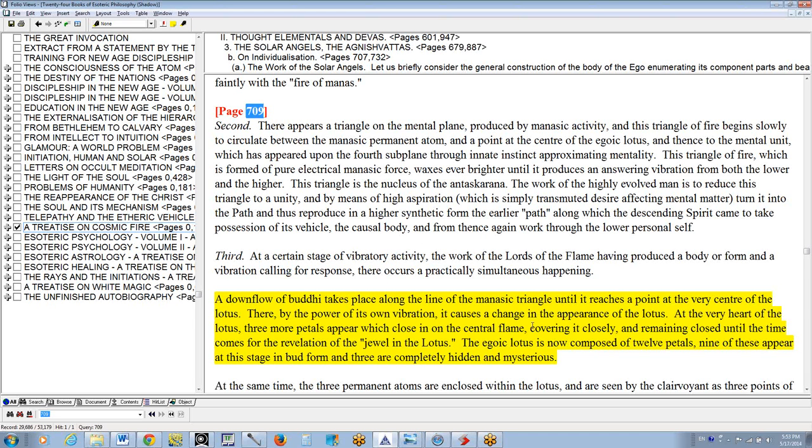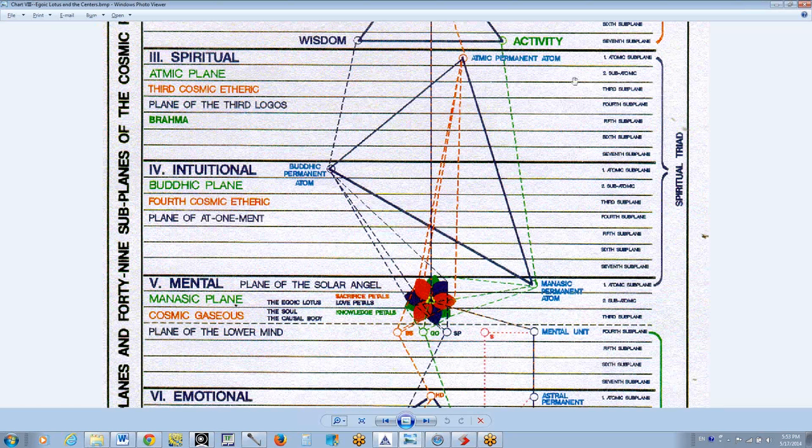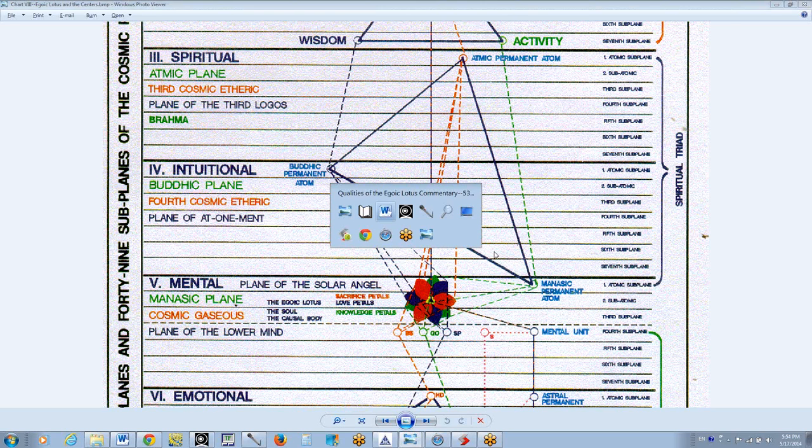And notice that the downflow of Buddhi occurs along the line of the monadic triangle, which I suppose occurs here, because there is a monadic connection here with the lotus. Not all lines are drawn, but it's not straight from the Buddhic plane. It goes from Buddhi through Manas, apparently.